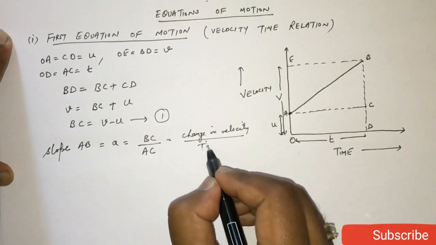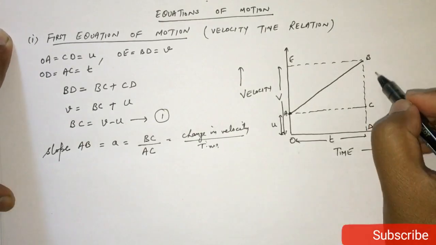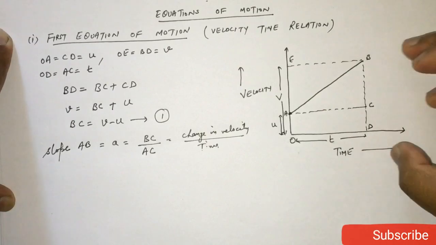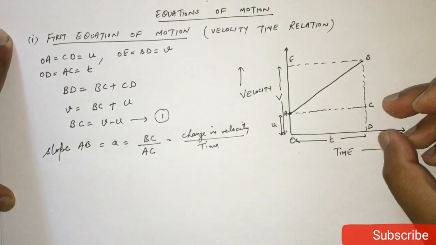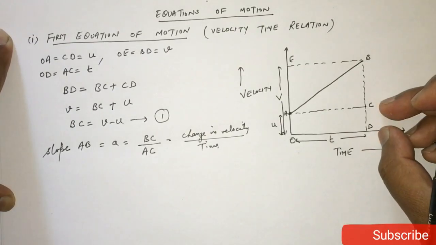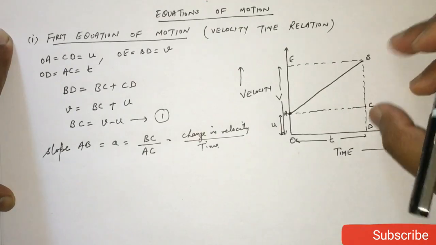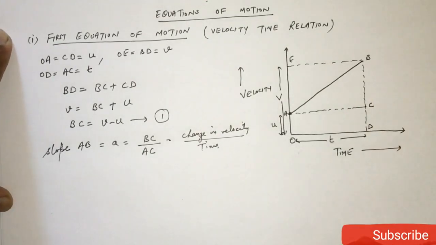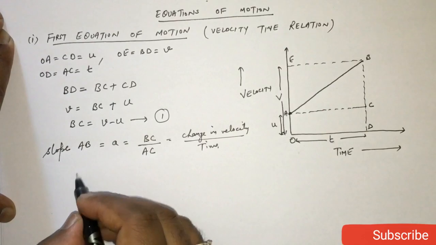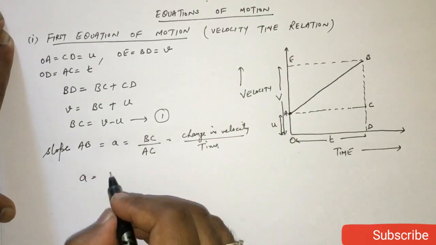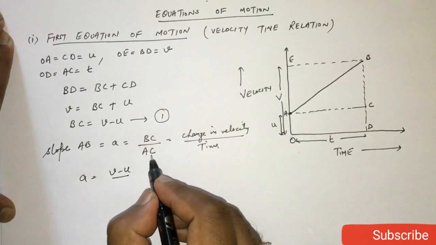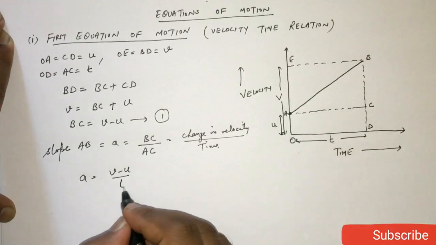So the change in velocity is BC, that is BD minus CD, where BD is v and CD is the initial velocity u. Now we have the value of BC, that is v minus u. For AC we have t.